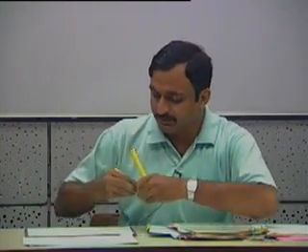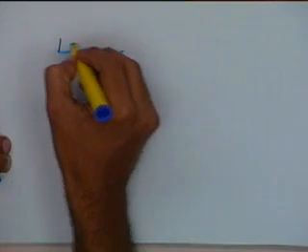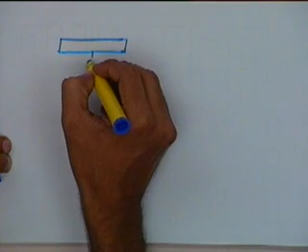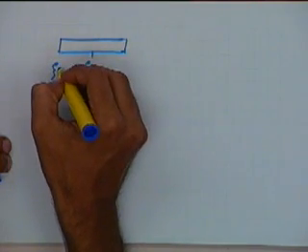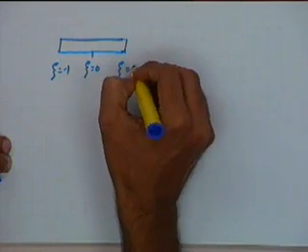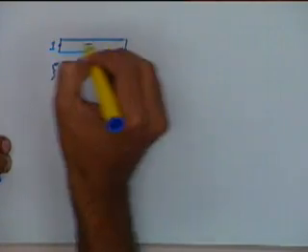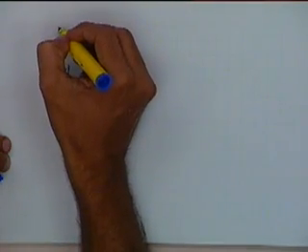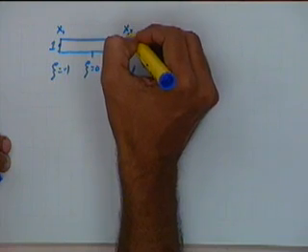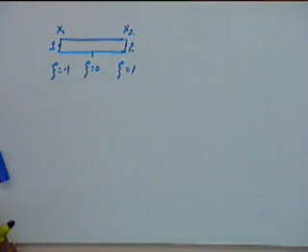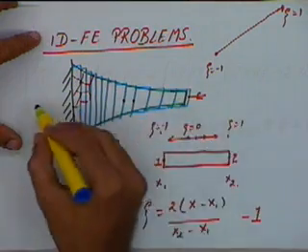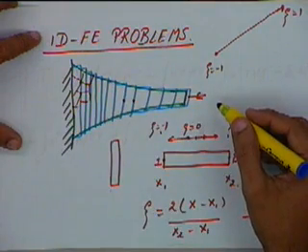If we look at this element, the x value here is x1, here it is x2. Now let us say in the final displacement given to this body, because of the loading that is acting, there is some displacement and deformation throughout this body.